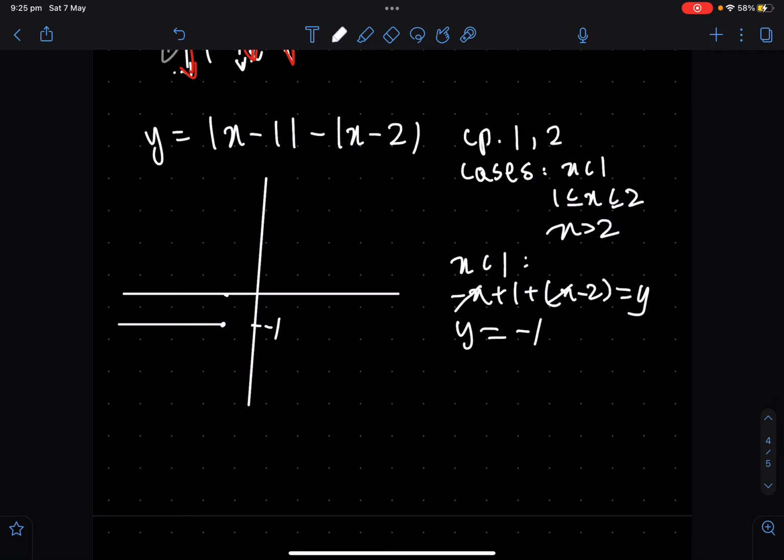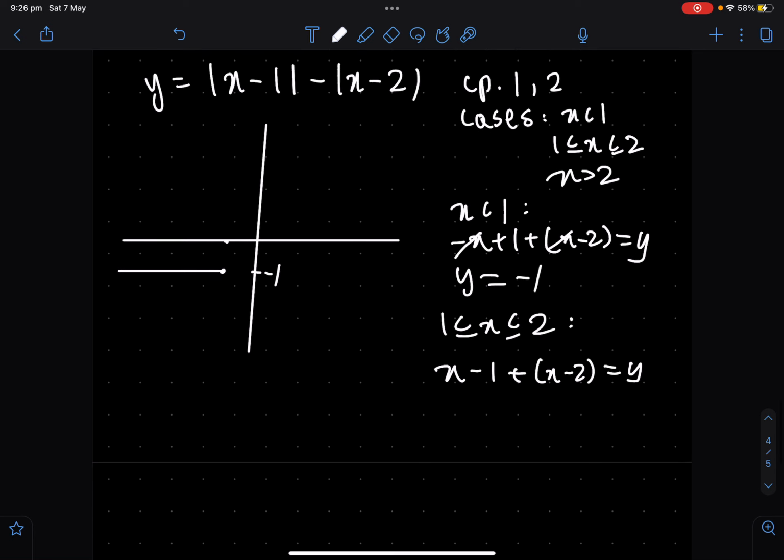And let's continue. Our next case is like this, and this domain will make our first absolute value positive, so this absolute value would disappear. Minus our second absolute value would be negative as well. So we'll do this, and that is again equal to y. So y is equal to 2x minus 3, and we will graph this. The y-intercept would be roughly 3, and 2x would be like this.